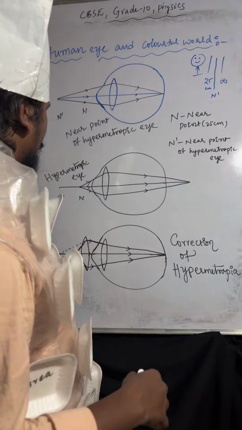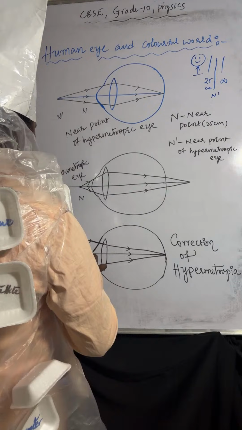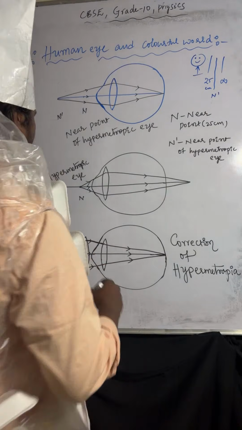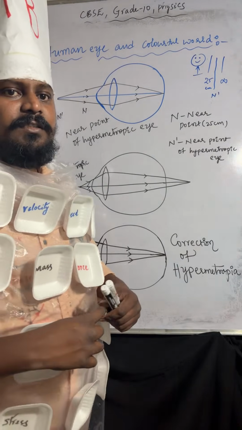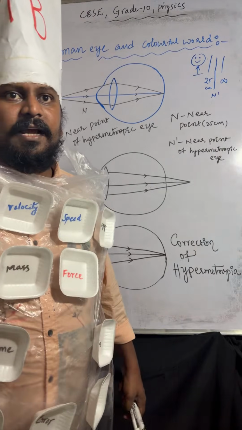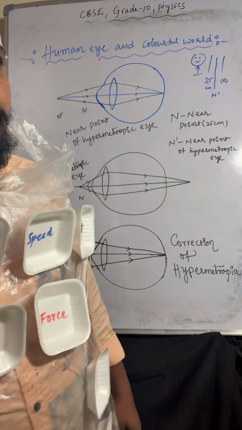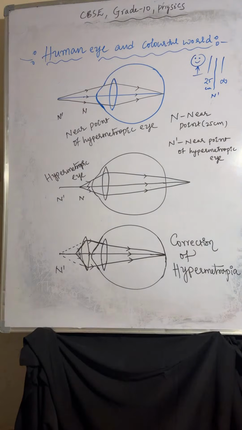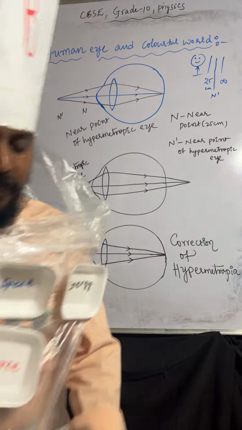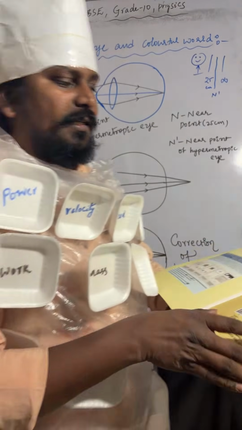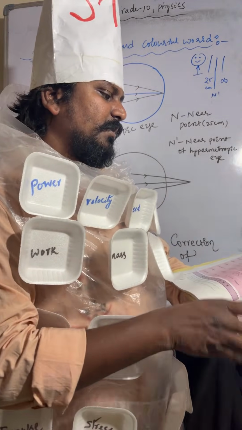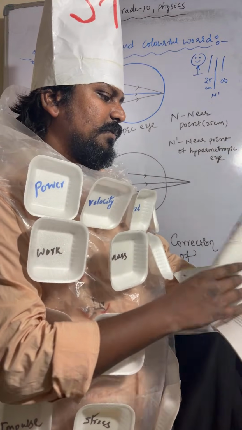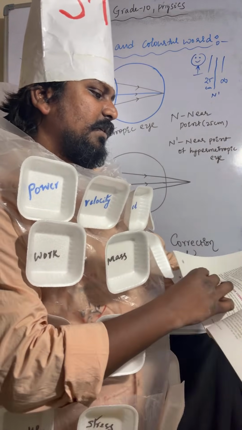Is it clear? Check once, check the diagram, check the textbook. These are the diagrams. Coming to myopia and hypermetropia, so I'll check. You asked me to check, right?